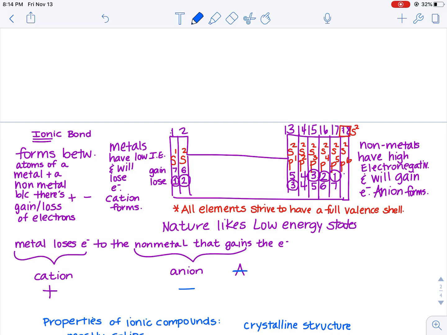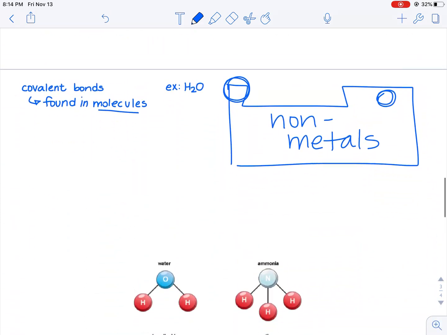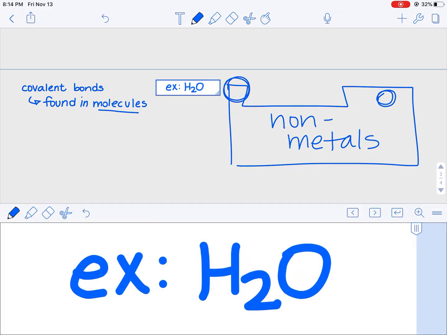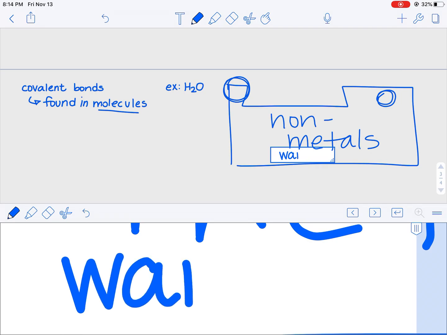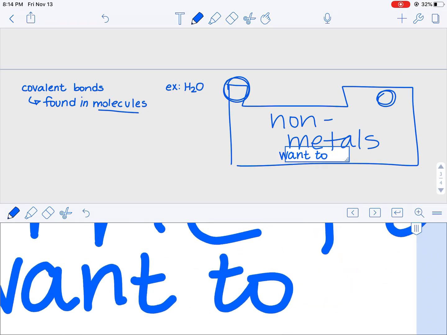Well, that's all fine and dandy when you're paired up or bonded with a species that's willing to lose its electron. But what if you have the situation like we do with water, where we have two nonmetals, both of which want to gain electrons, right? They want to gain electrons.